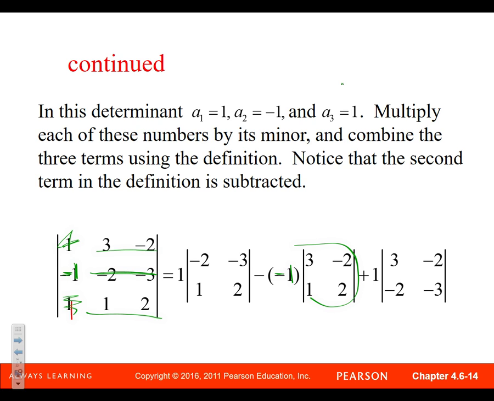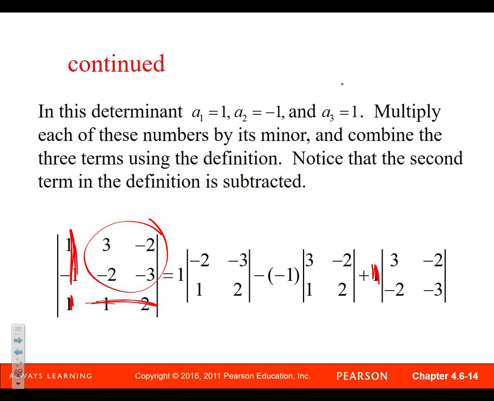And then the last one, let me erase this. The last one is this one, which is the exact same one here. Okay? And then we get rid of that row and the rest of that column, and the matrix that's left behind is the matrix that goes right there.